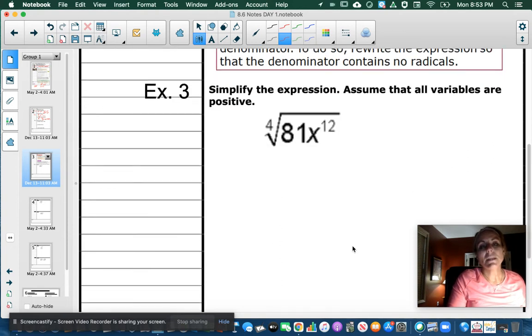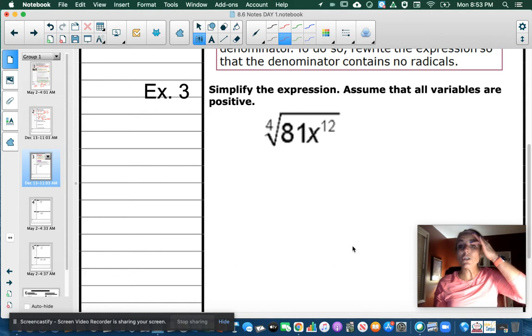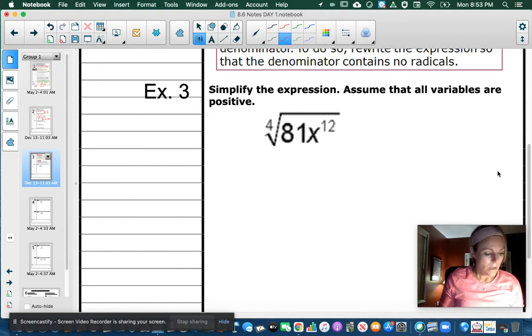So example 3, simplify the expression, assume that all variables are positive. All right, so now here is how we're going to break this apart. We have to separate this into separate radicals. I want to think of what number to the fourth power gives me 81.